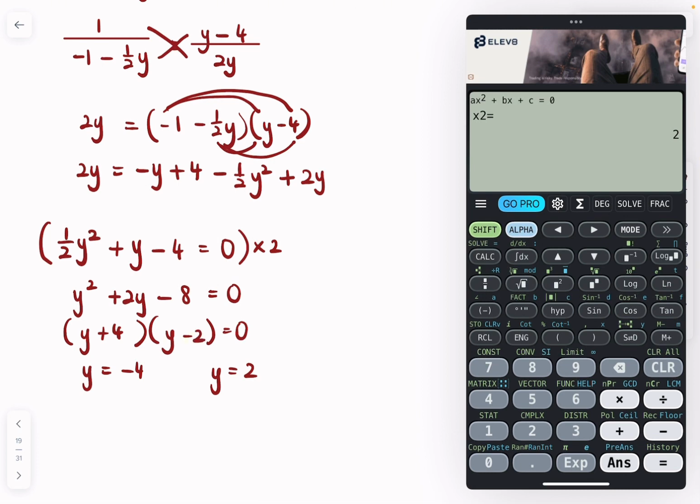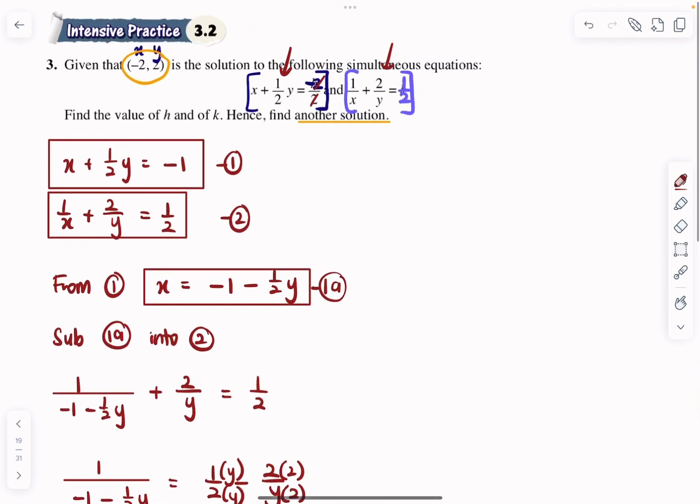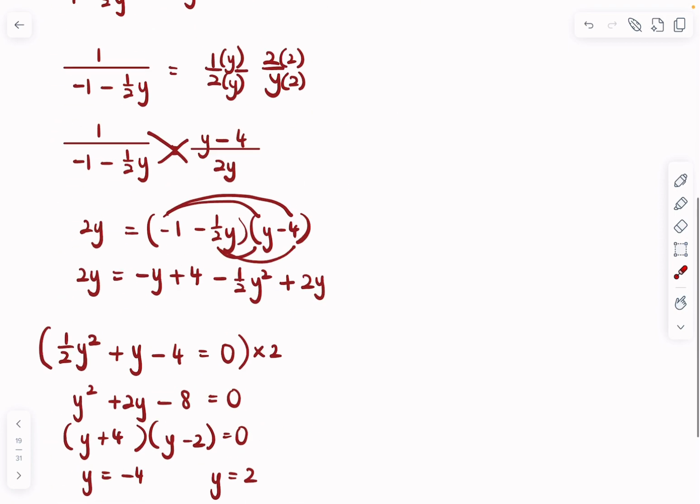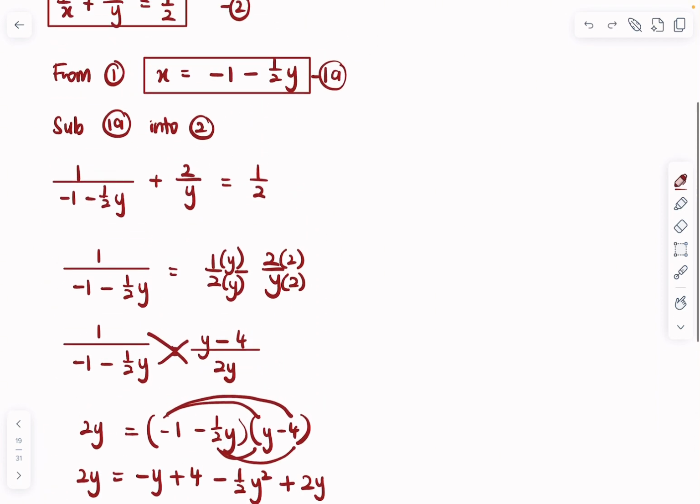Done. So these are our two values of y. But here y is 2 is already given. So the solution of y is 2 already given, so this one we no need to find. Maybe you don't understand. Never mind, let's just continue. Let's just find it, then I'll explain to you.